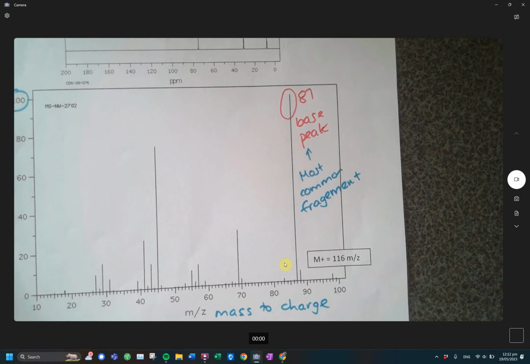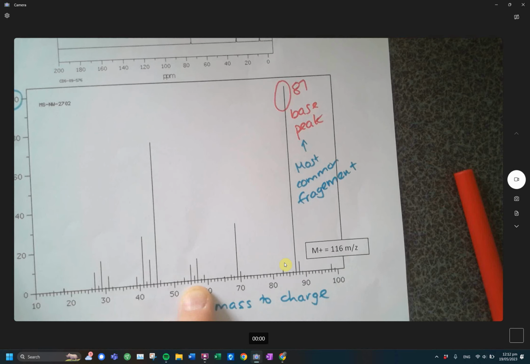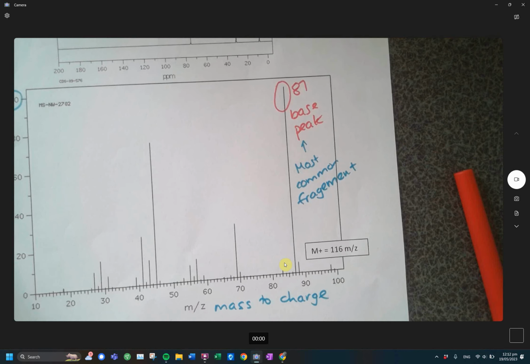The other peak that I want you to identify is the molecular ion. The molecular ion is the peak that is the furthest to the right. Now, in some cases, like this one here, the molecular ion is really tiny, and I wouldn't expect you to find it on the mass spec, because you'd probably think it's just background noise. The other reason I might give you the molecular ion peak is because the molecule is really large and not stable, so it never reaches the detector.